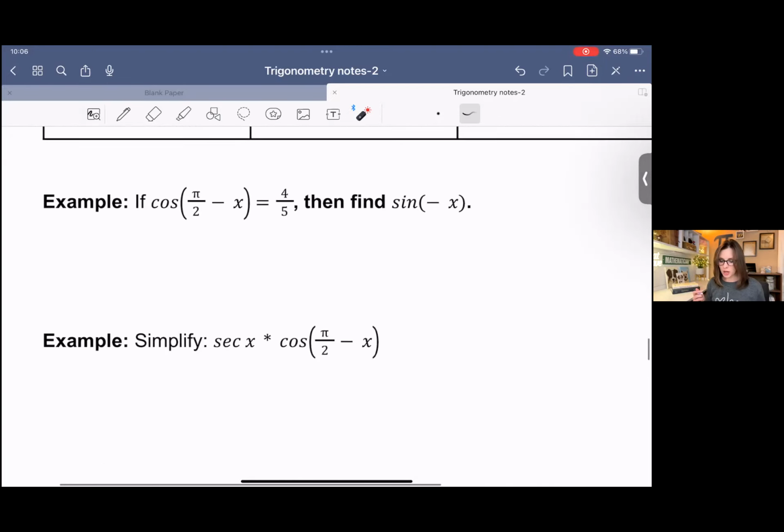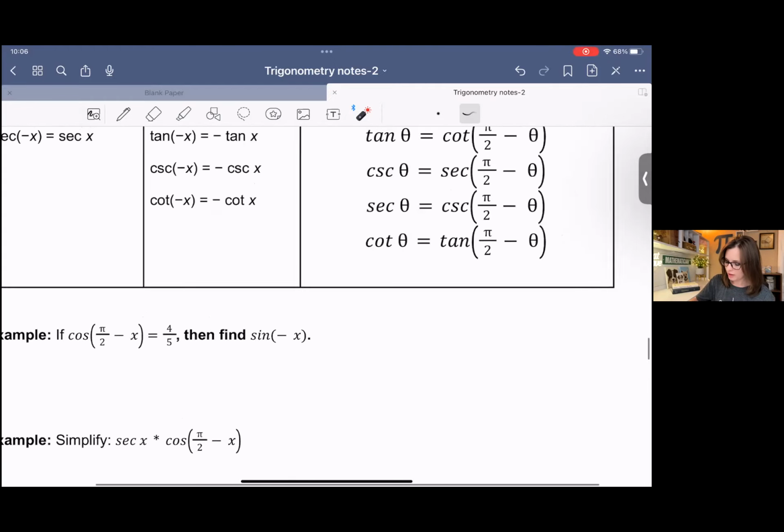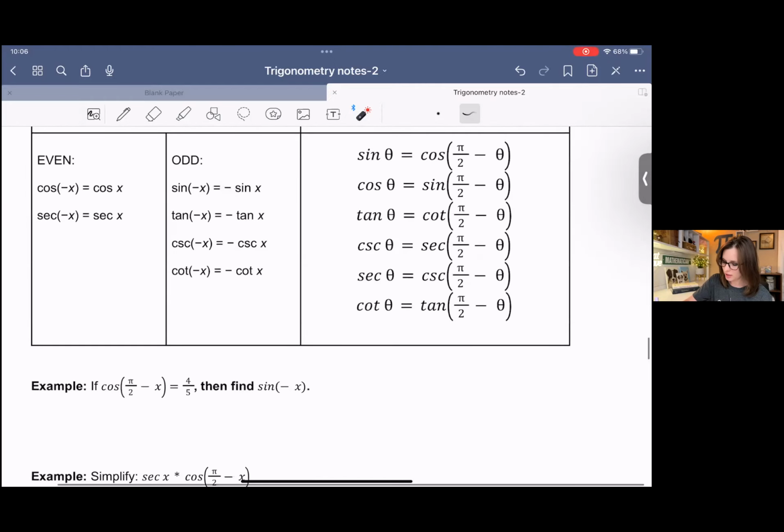If cosine of pi over 2 minus x equals 4/5, then find sine of negative x. So they're giving us that this here is 4/5. Then we can find sine of theta. And if we know sine of theta, then we can find sine of negative theta, or negative x in this case.